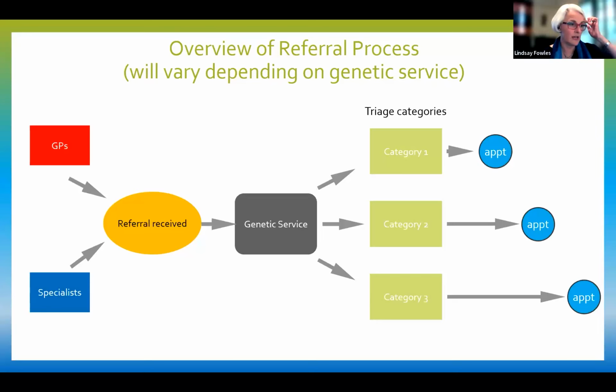Once it's assessed, it'll be triaged, and that will determine the level of urgency for that particular referral, and that gives you the timeline to your appointment. That's just a vague overview, and I can't speak for the other services in other states, but that's roughly what happens in Genetic Health Queensland.